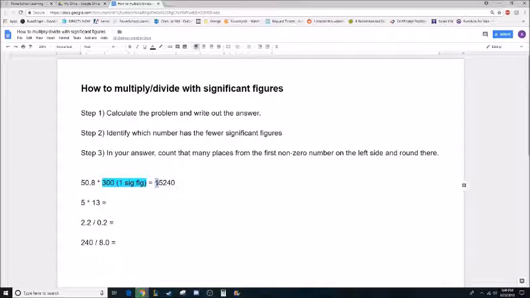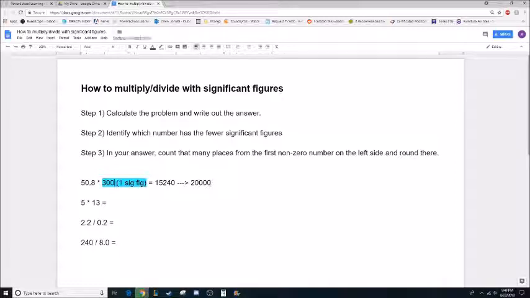So I know this number is where I'm rounding, so I need to take a look at the one behind it. The number that's behind the 1 is a 5. Since it's 5 or greater, that means we're going to round the 1 up to a 2. And every other number after that would just be zeros.